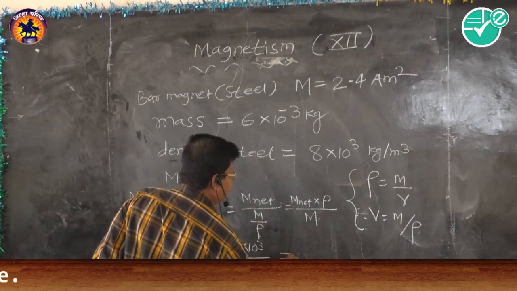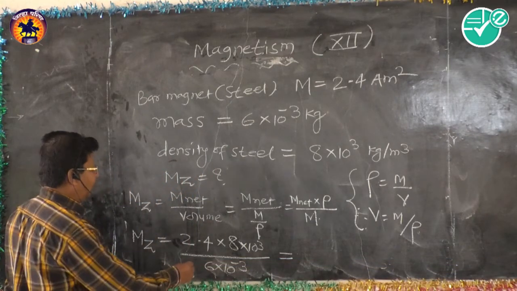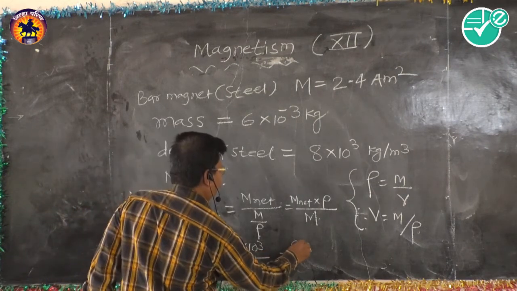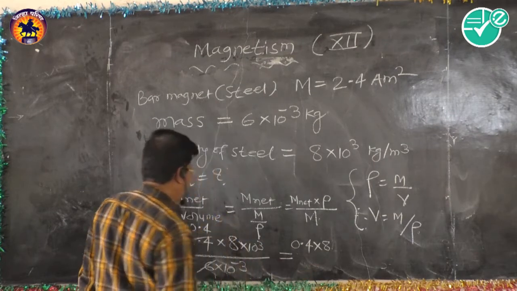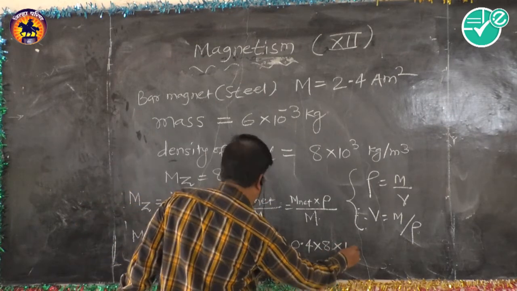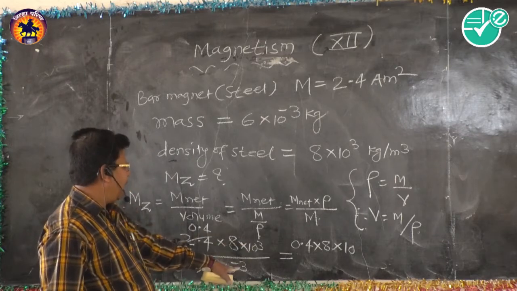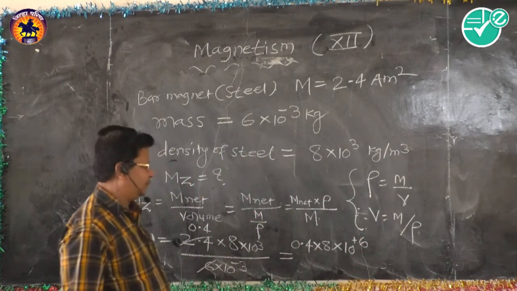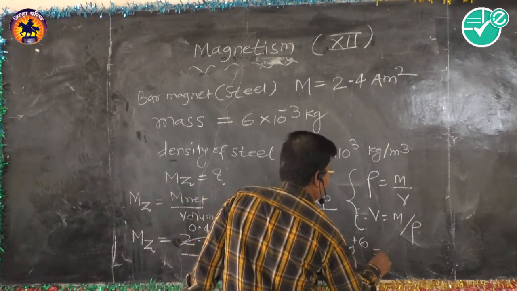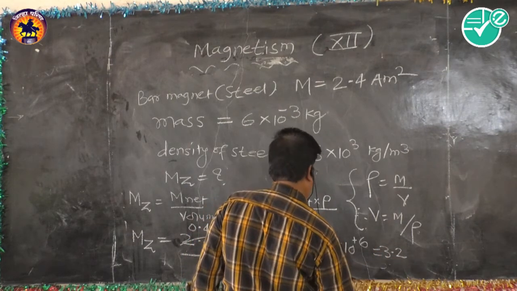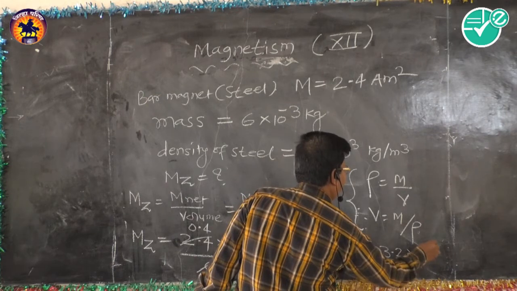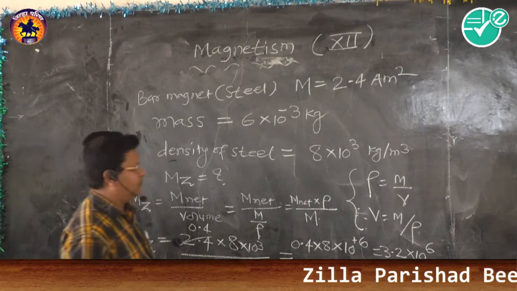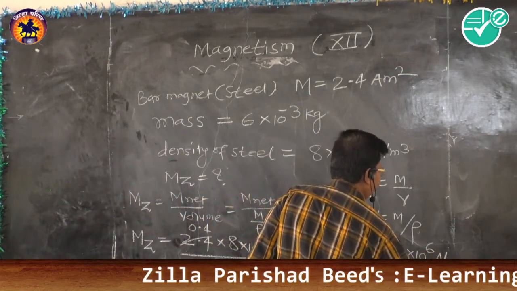And after calculating this value, we get 0.4 multiplied by 8 into 10 to the power 3, and this 10 to the power minus 3, total power is 10 to the power 6, which is equal to 3.2 into 10 to the power 6, and the SI unit for Mz is ampere per meter.